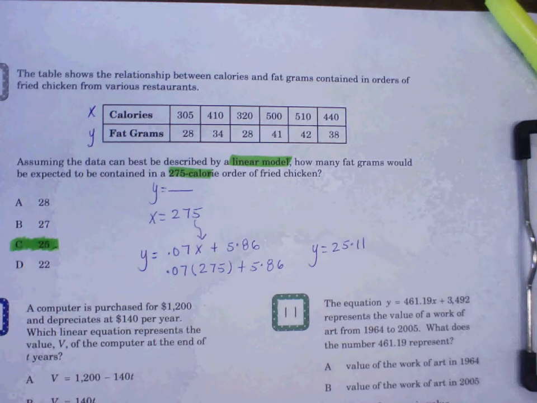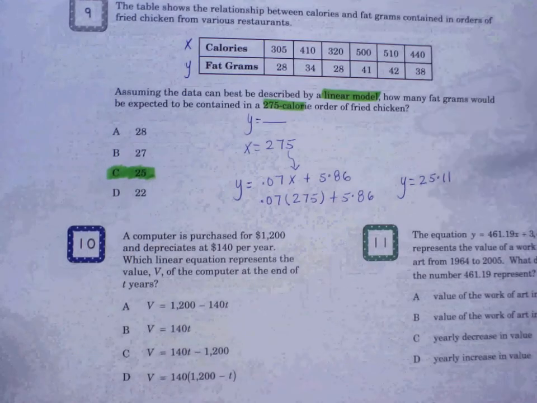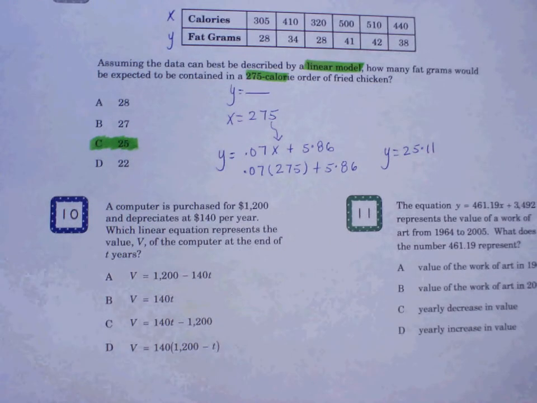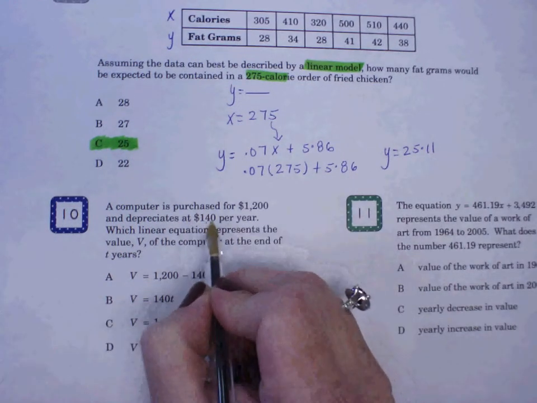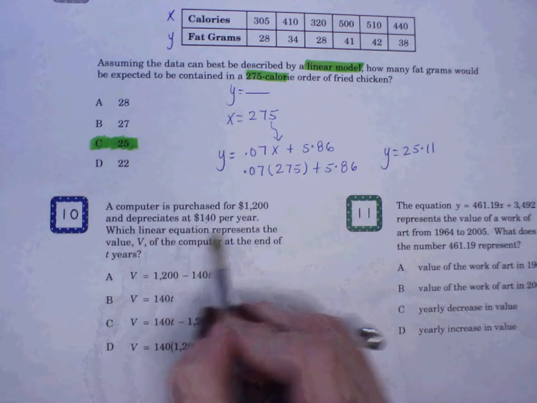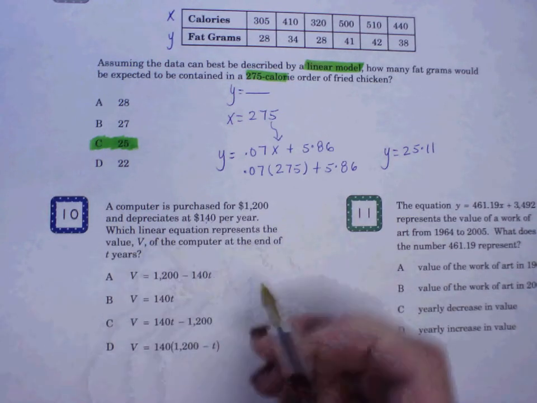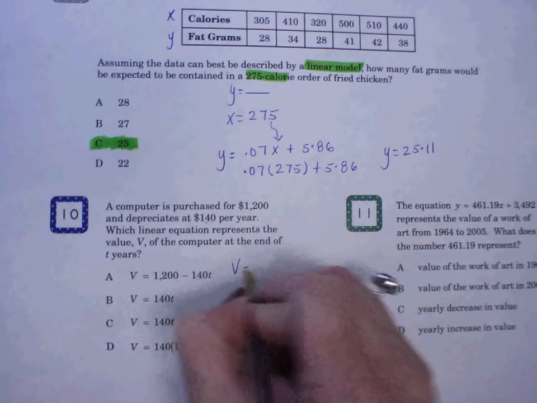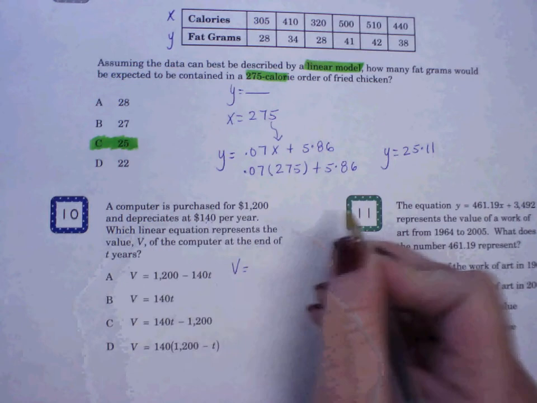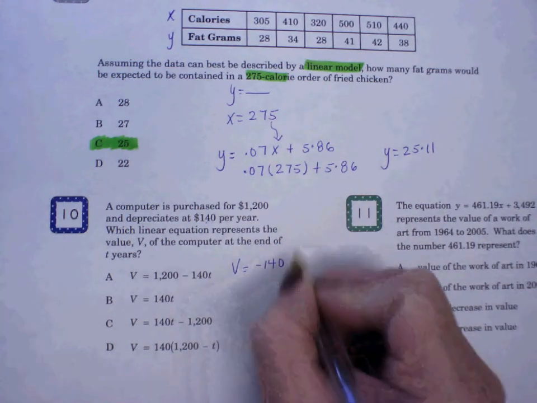Alright, let's go to number 10. A computer is purchased for $1,200 and depreciates at $140 per year. Which linear equation represents the value V of the computer at the end of the T years? So V equals, if it depreciates, it should have a negative slope, so that would be negative 140x.